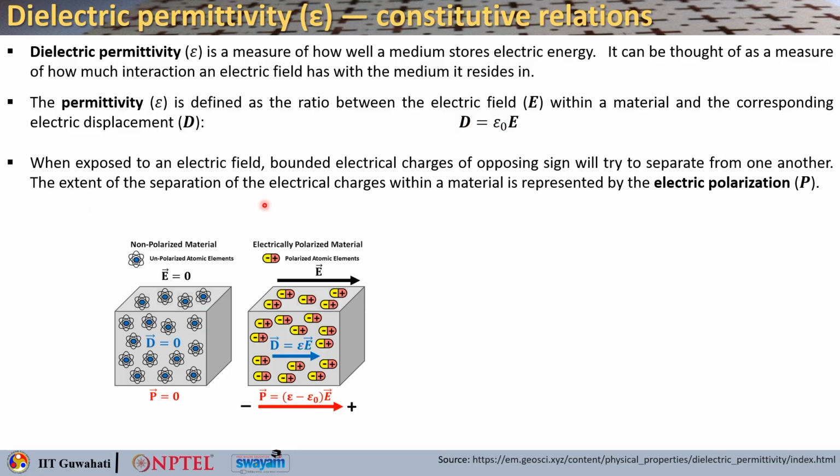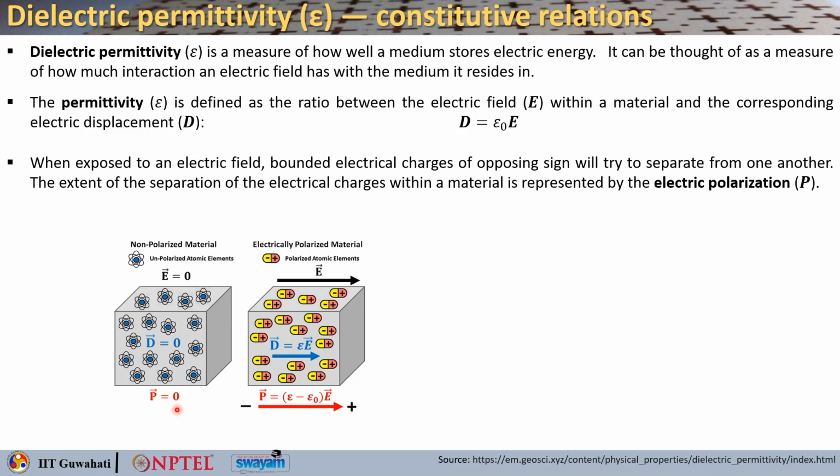So, when exposed to an electric field, bound electrical charges of the opposite sign will try to separate like this. Okay. So, they separate from one another, and the extent of this separation of the electrical charges within a material is represented by the electric polarization P. So, this is the case of a non-polarized material, non-polarized because there is no external electric field.